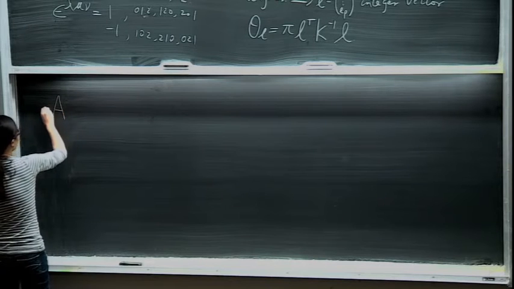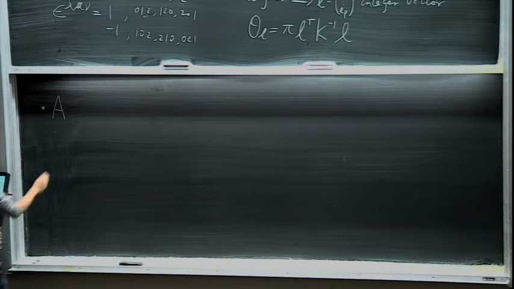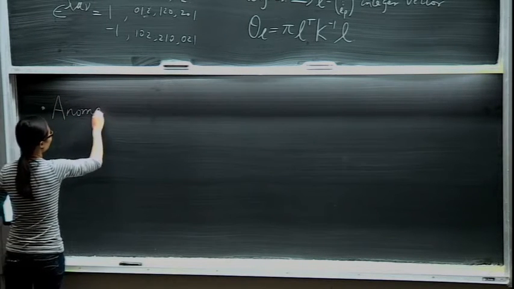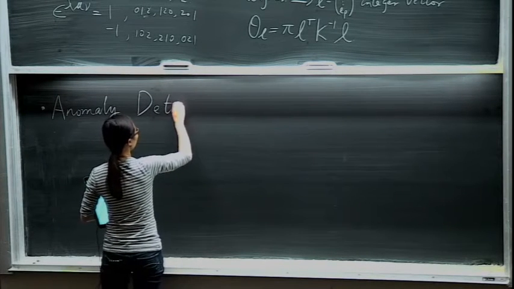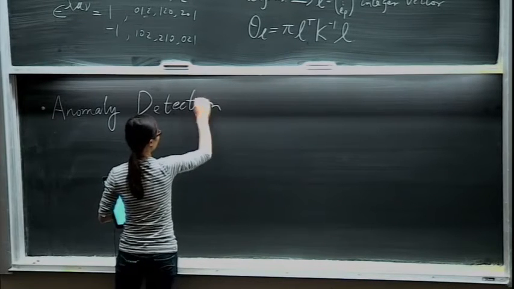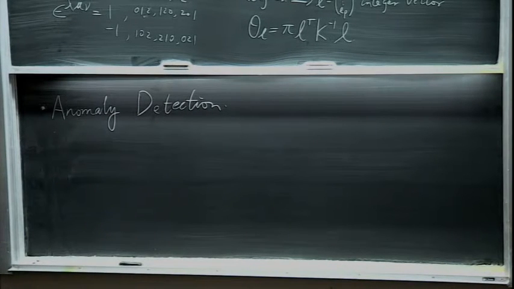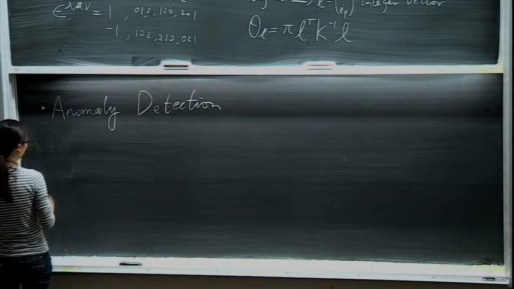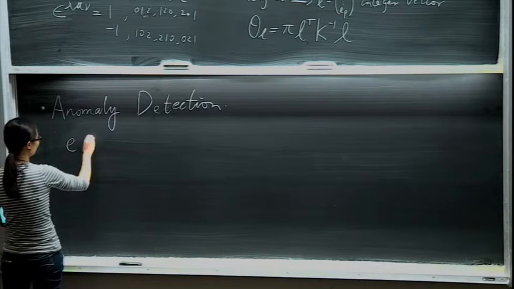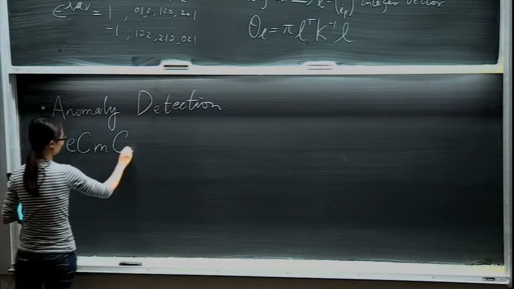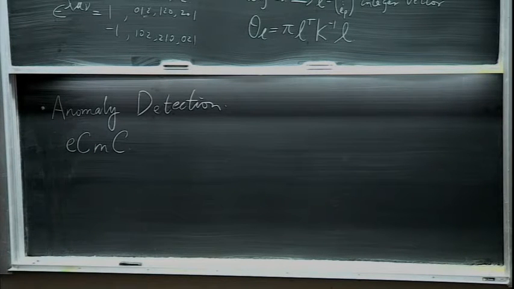Right. I lost track of my section number, so I'm just using dots. Anomaly detection. Okay. Let's consider a prototypical example where I want to start the discussion of anomalies, which is called the ECMC. Here C means charge.